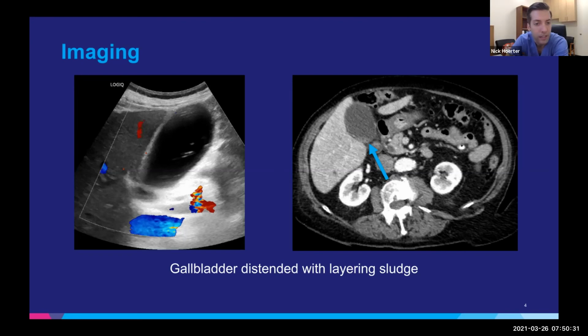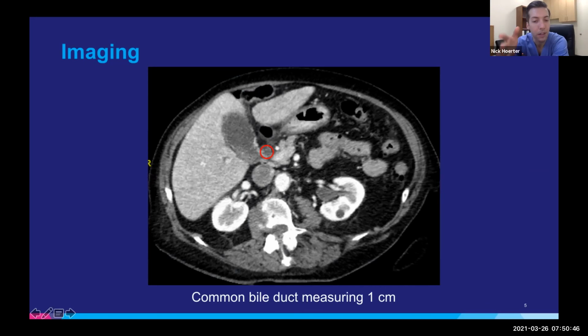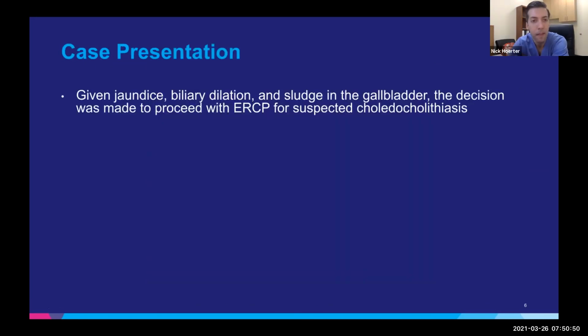On the left, you can see an ultrasound. The gallbladder wall is thickened. There's a little sludge in the bottom and these little wispy pieces of sludge floating around. On the right, you can see sludge towards the bottom of the gallbladder layering. And she also had biliary dilation with the common bile duct measuring 1 centimeter.